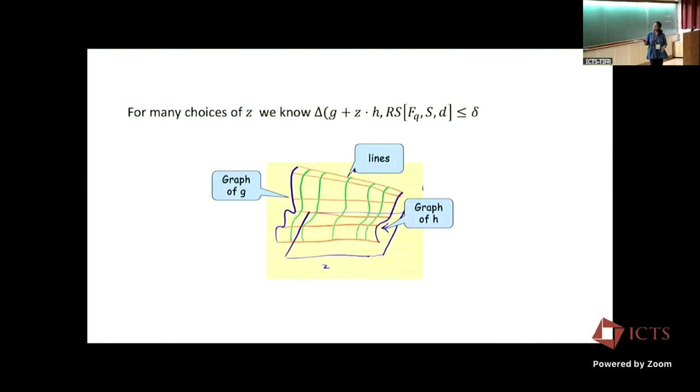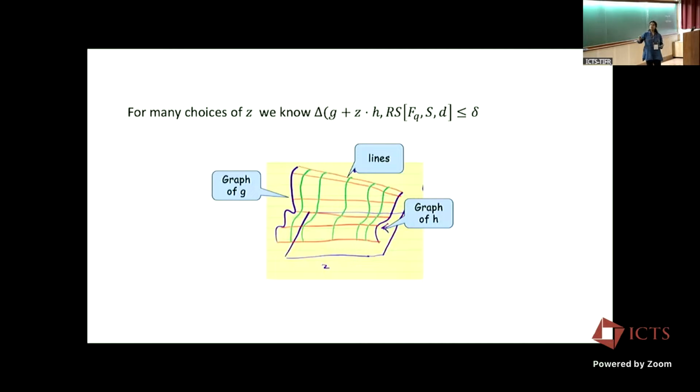So again, what are we trying to do? We know that for many little z's, G plus zH is close to a Reed-Solomon code. Suppose this first purple line is the graph of G, and the next purple line is the graph of H. Then what is G plus zH? For different choices of z, these green curves are the graphs of G plus zH. We know that many of these green curves are close to Reed-Solomon codes.